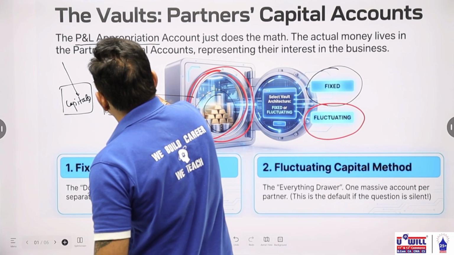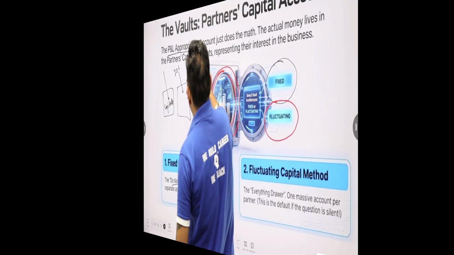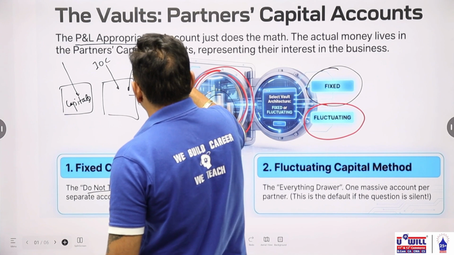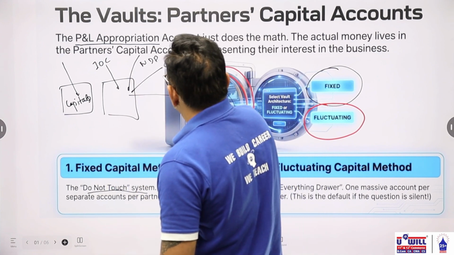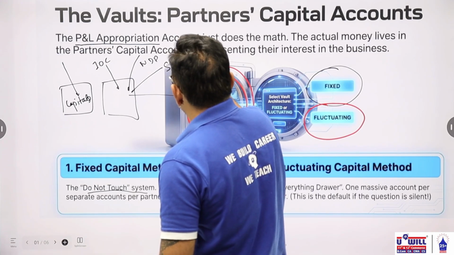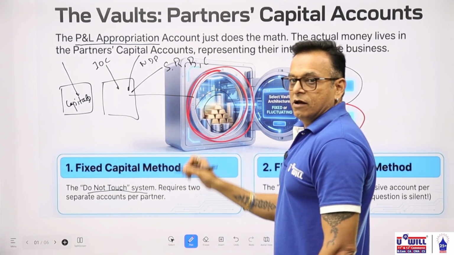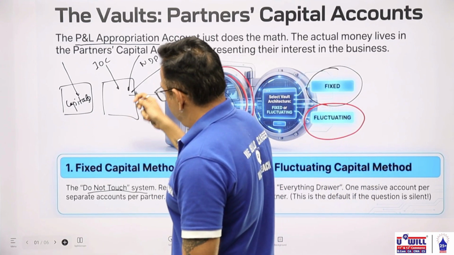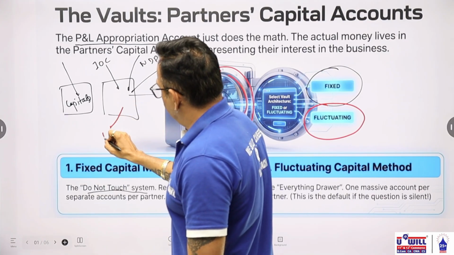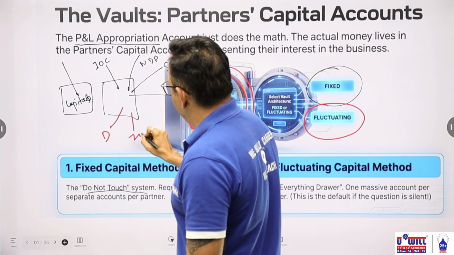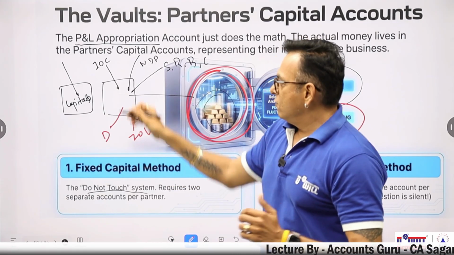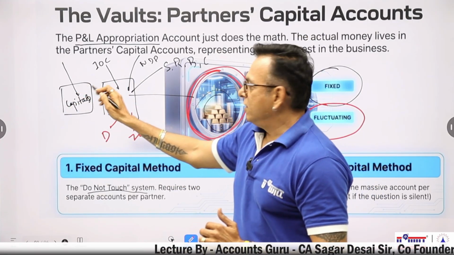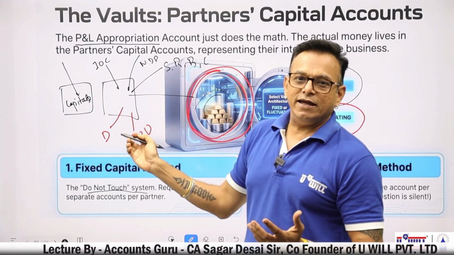That is, interest on capital, then share of profit, so net divisible profit, then salary, remuneration, bonus, commission, again withdrawals, drawings, and interest on drawings. So we will segregate between two parts. One is capital and other is apart from capital, everything else.